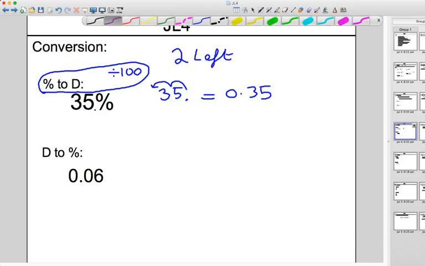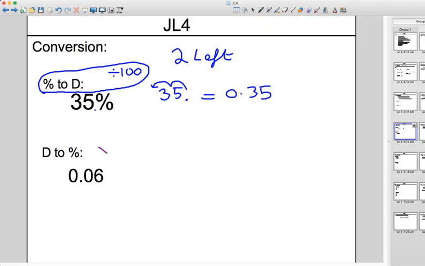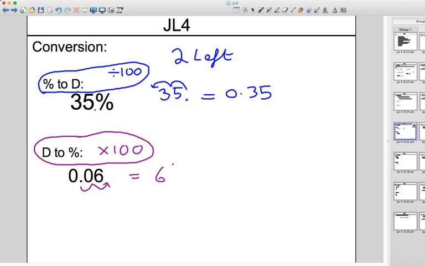What about going from a decimal to a percentage? Well, the key here is to multiply by 100. That means you are going to be hopping 2 places to the right. Gives 6%.